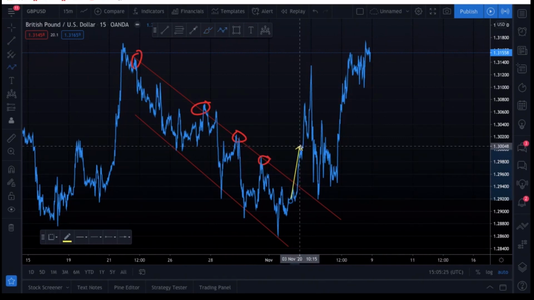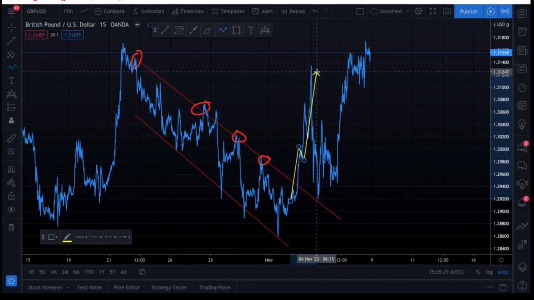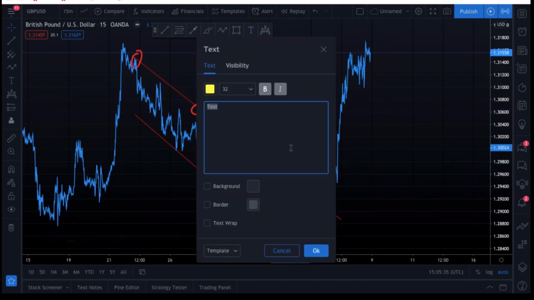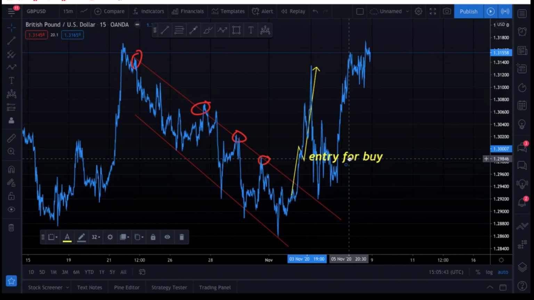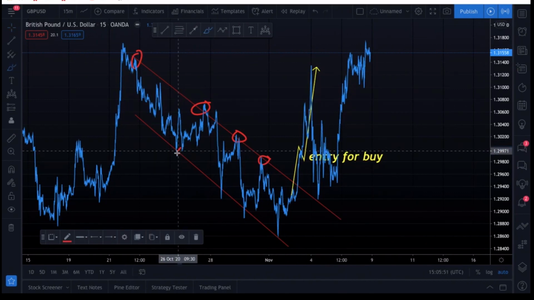Here there was a breakout, retest, and it went further up. So that area was the entry for buy. The entry for buy. And that's our support.